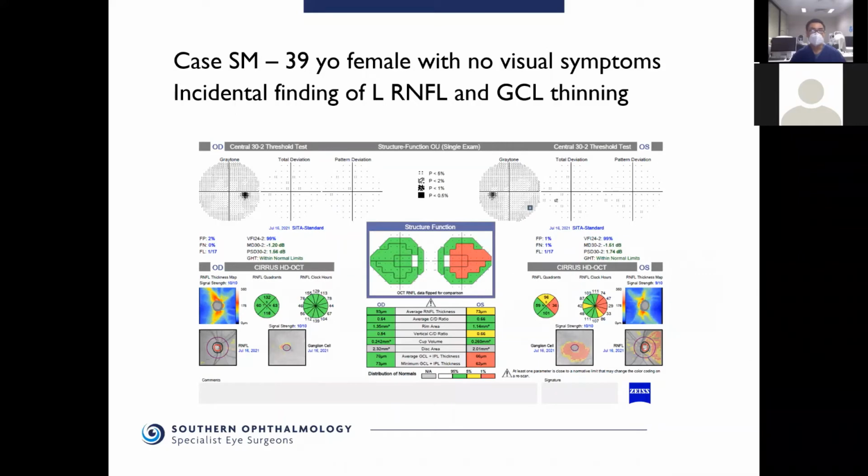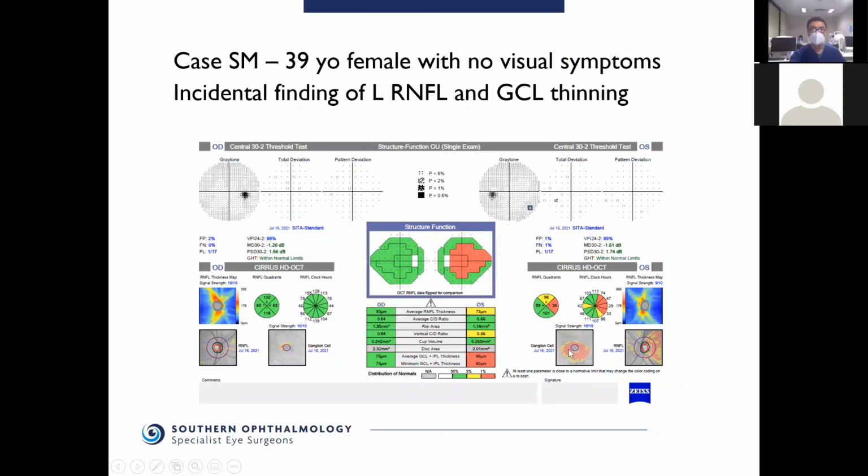This next patient here was referred to us by her optometrist because of incidental finding of an abnormal RNFL on OCT. So fields are fine. The right disc OCT was fine, but the left OCT shows nerve thinning over here.